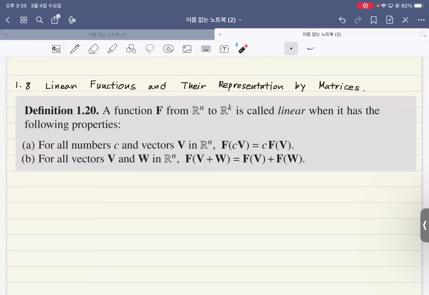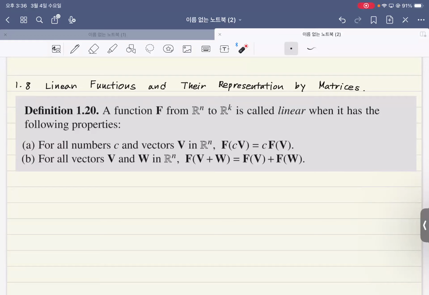Okay. So, why do you even care about linear functions? The same reason as before. In general, evaluating a function value requires a lot of computation power and effort.